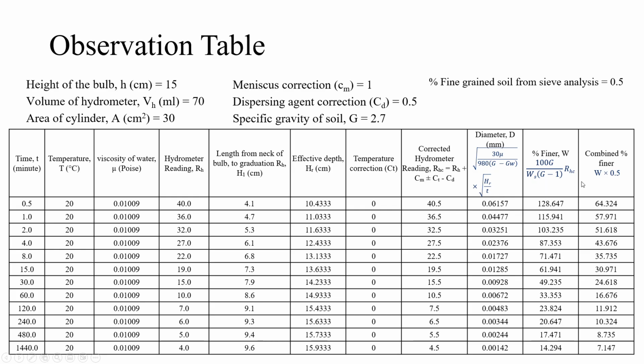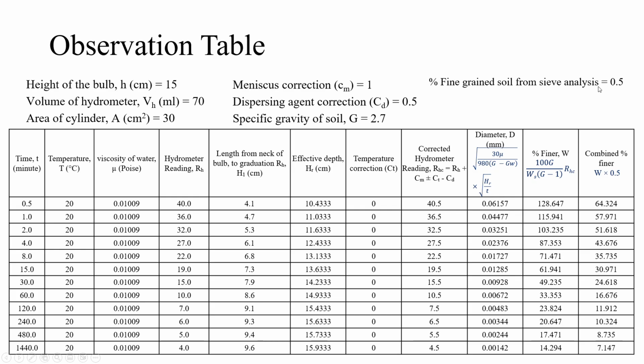Now this percentage finer will be converted into the combined percentage finer. Combined percentage finer means the soil which we have taken was passed through the 75 micron sieve. So before conducting this test, we have to perform the sieve analysis, from where we will get the percentage of fine grained soil.